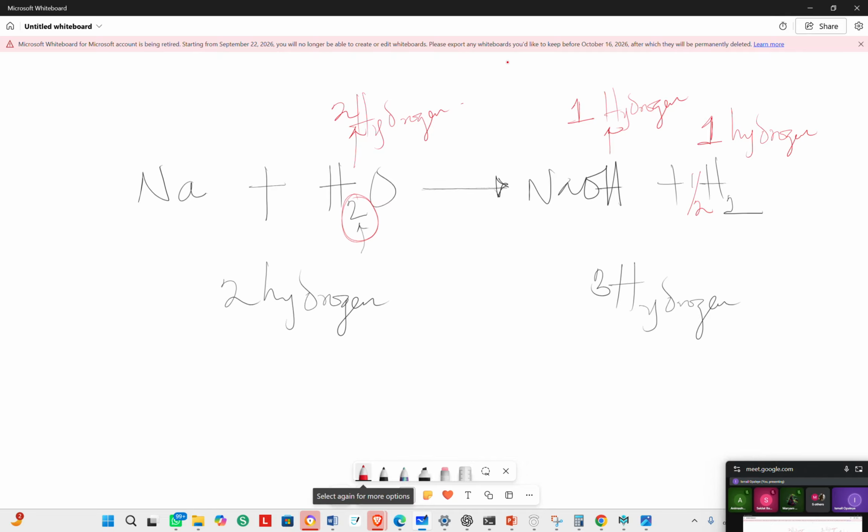Okay. But usually you don't leave this half hanging there. You usually want to multiply all through by this denominator value, by this 2.